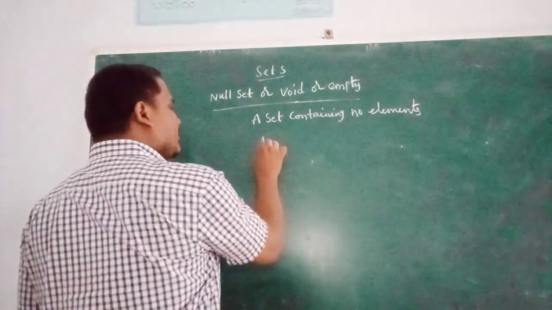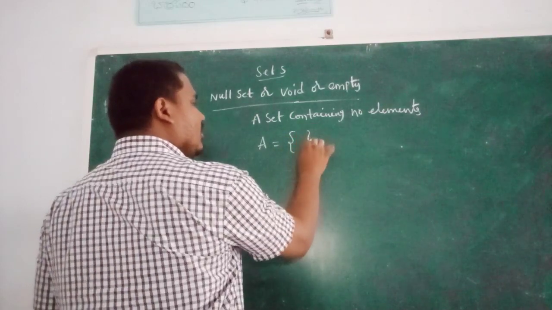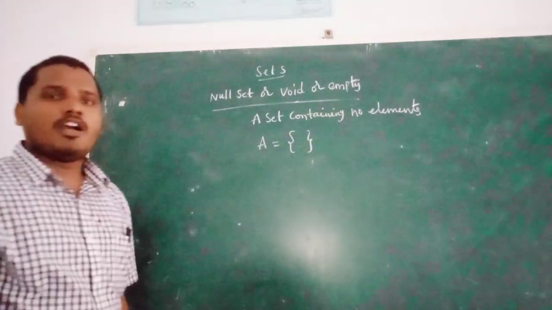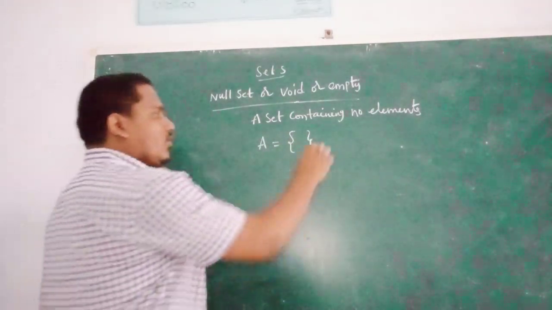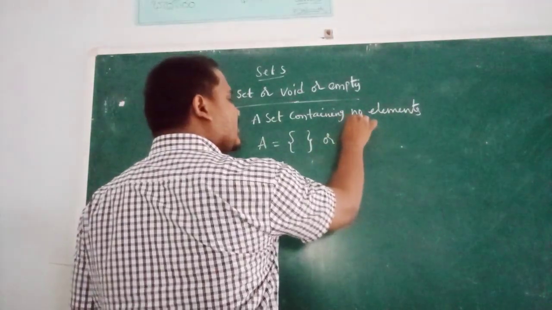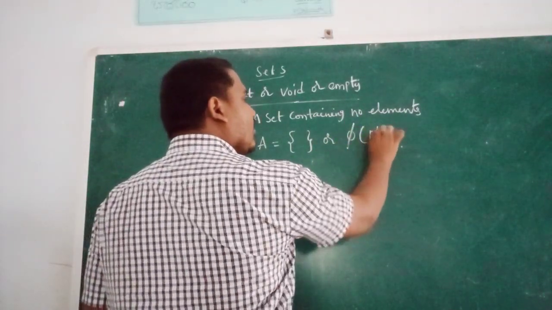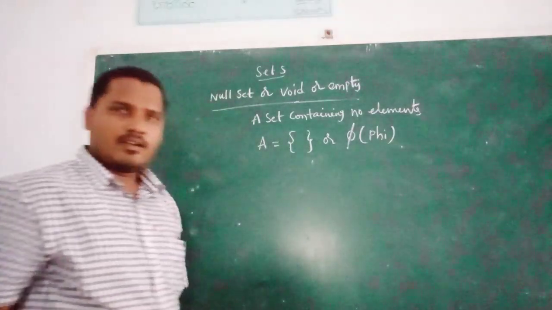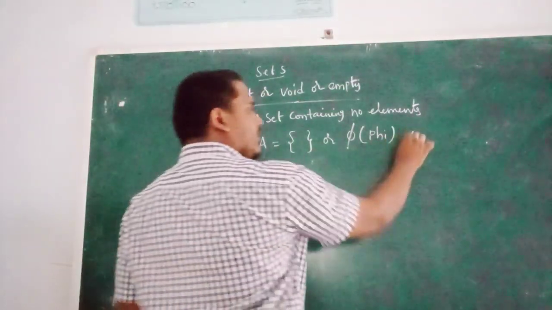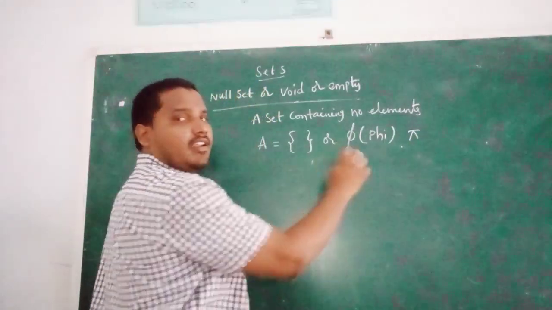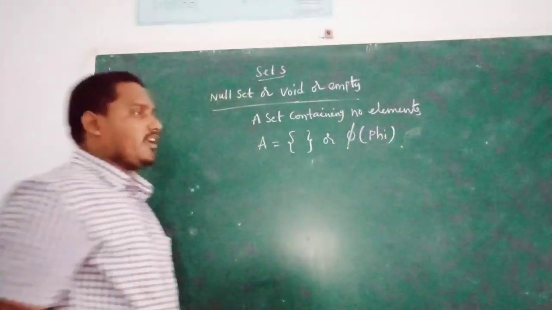It can be represented with A equal to nothing, meaning elements are not present in the given set, or it can be represented with the symbol phi.